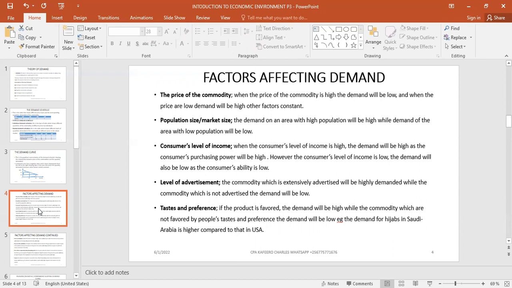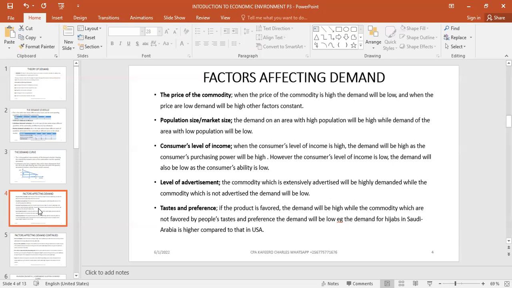The other one we can talk about is population size. You can talk about it in terms of the market size, or the number of people who are willing to buy the items. The demand in an area with a high population will be high as compared to the demand where the population is low.